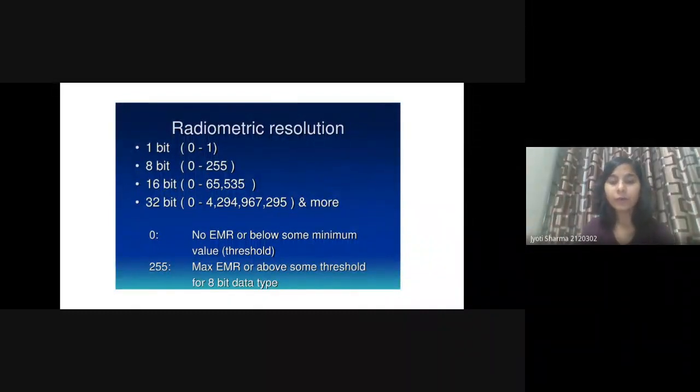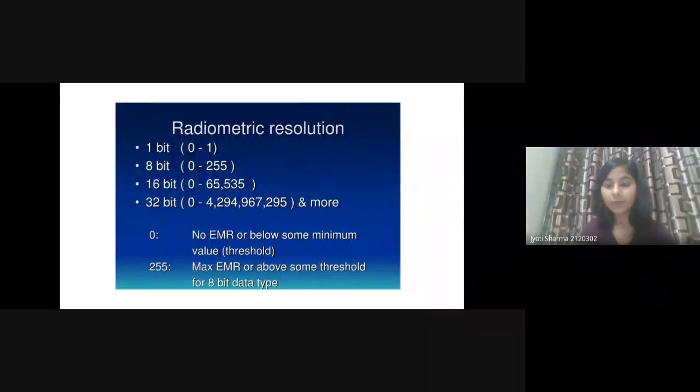And if your image has 16 bit, then within one pixel you may have shades from white to black, divided from 0 to 65535 and so on. So your sensor or your image should be like this, with a high bit depth. This is the radiometric resolution.